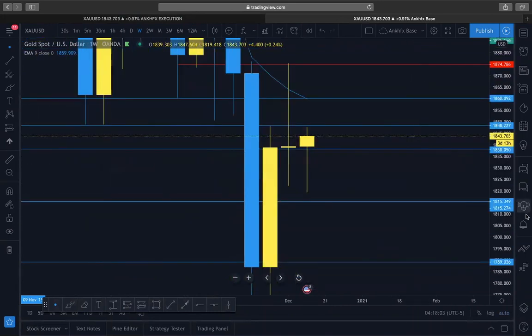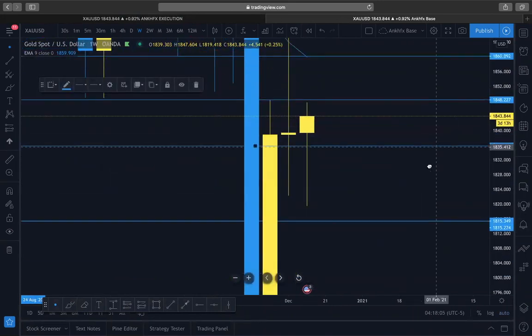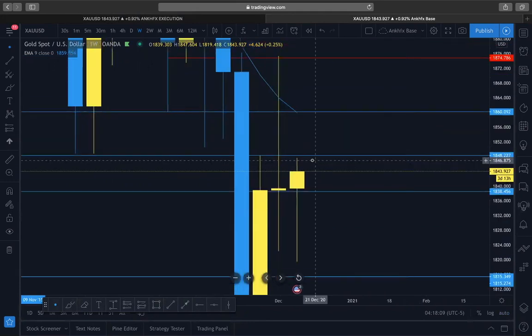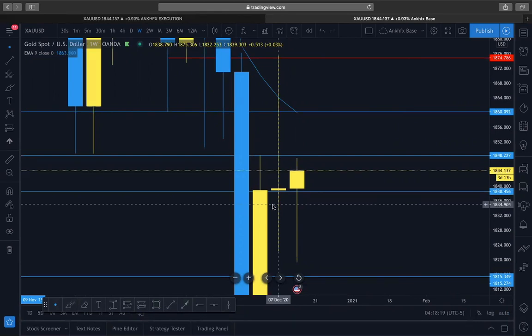And have a nice look. And we can see 1838.4 is an actual psychological level, right? An important one. And it's been holding. It held this candle, it held this candle.